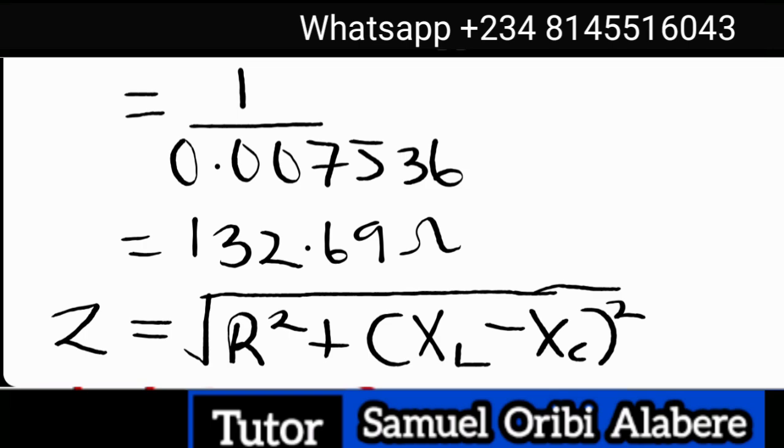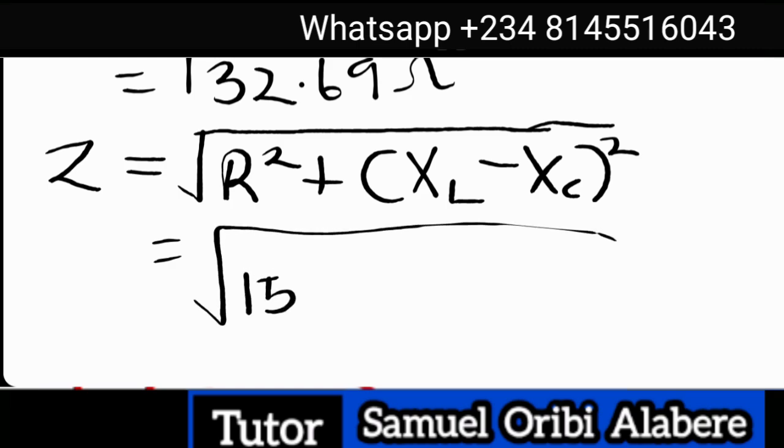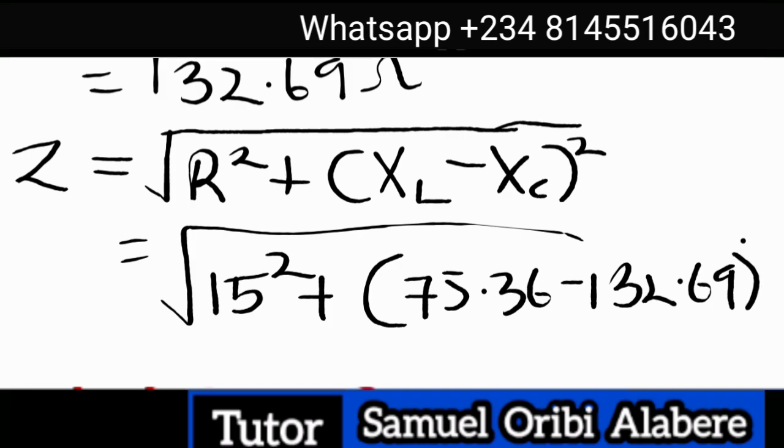So we are now expected to substitute these values into the equation that we have here, which will be equal to the square root of 15 square plus bracket open 75.36 minus 132.69 bracket close square.